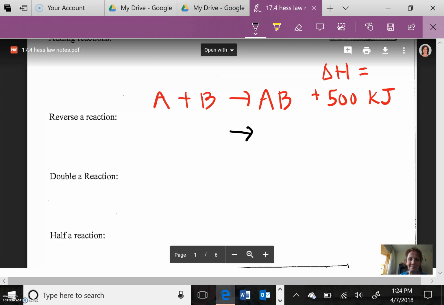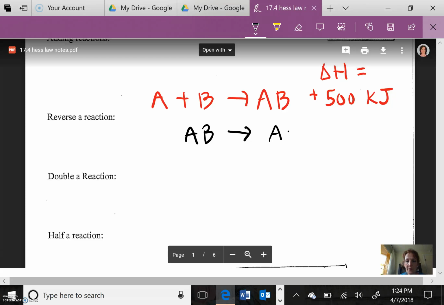You switch the reactants and the products. What I do is I always line up my yield signs as though they are equal signs, and I literally switch the reactants and the products.